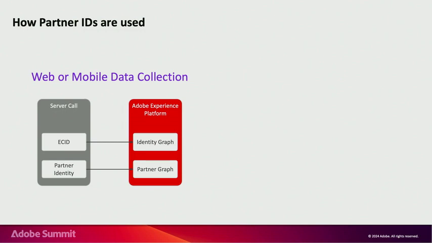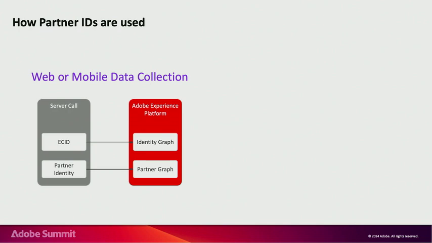Usually the partners in this scenario will return just a partner ID: this person is this ID in our partner ecosystem. We're going to take that partner ID, bundle it up with your Adobe data collection, and throw it into Adobe Experience Platform. Once it gets into AEP, your ECID will go into AEP's customer identity graph, or primary identity graph, to create a prospect profile for them.